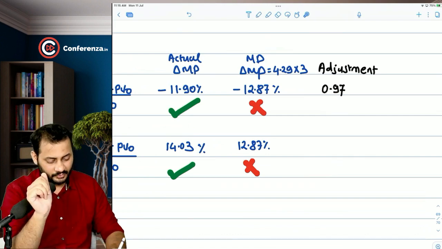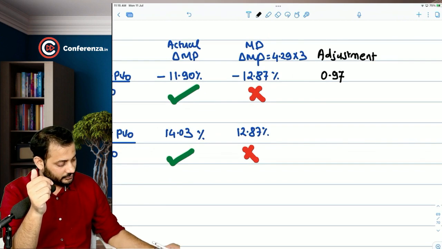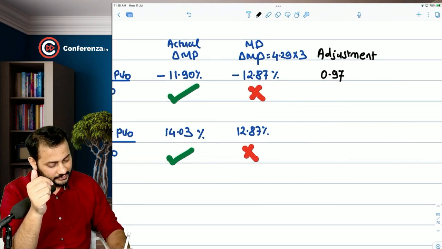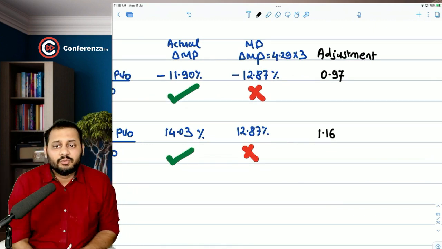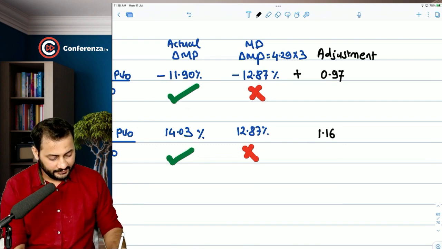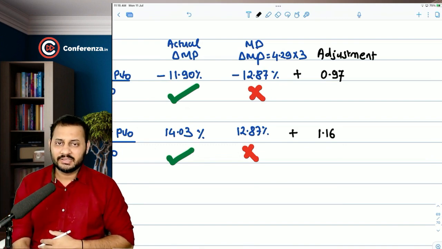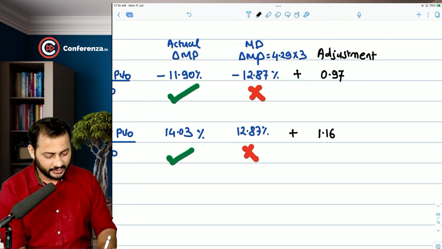Do you agree? Okay. Then 14.03 minus 12.87. In this case, 1.16% has to be added. So both these figures have to be added in this. The moment you add these figures, you will get 11.90, 14.03. So can I write it down like this?